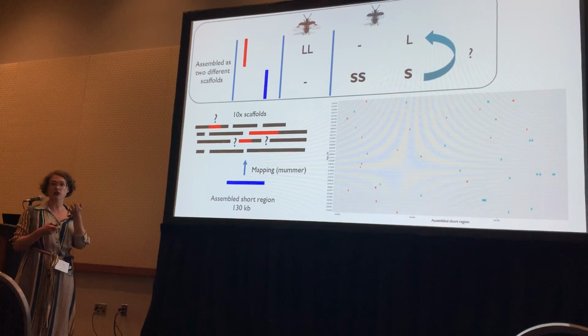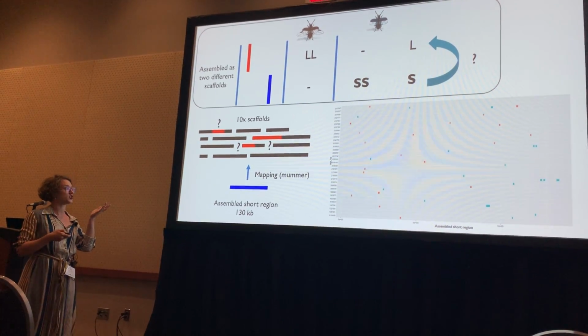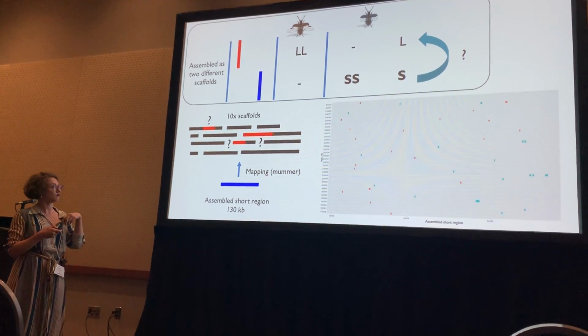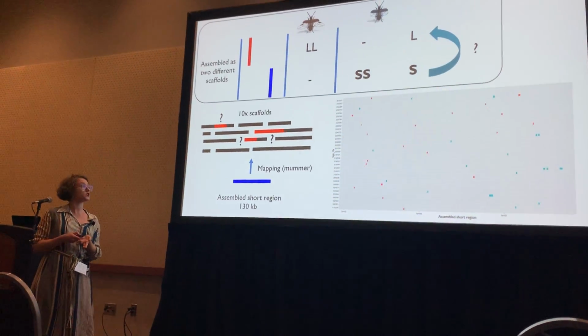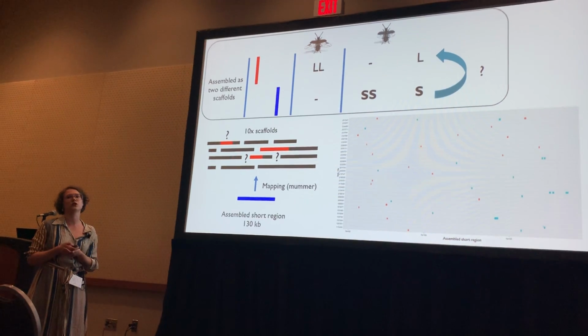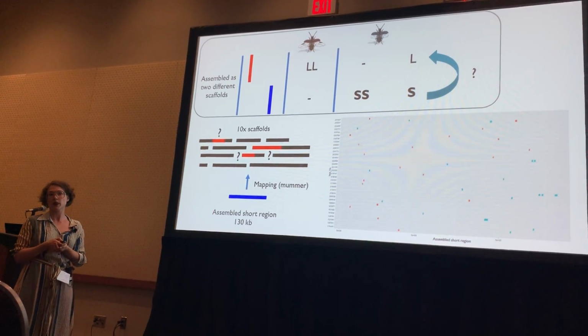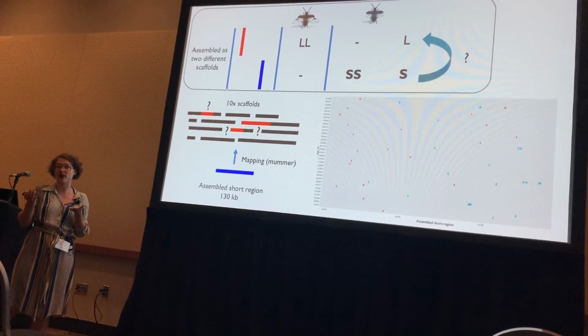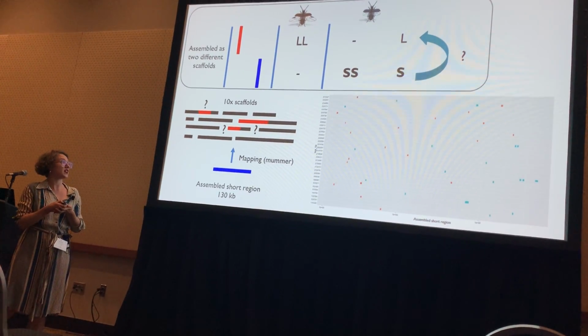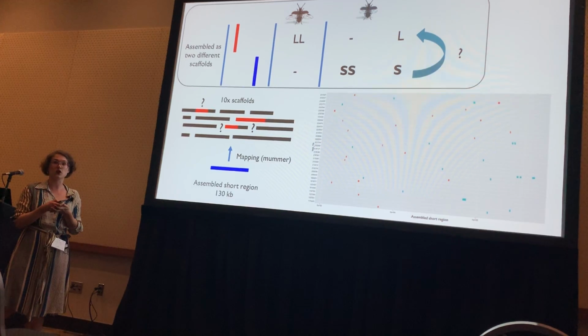So we don't find any region in the remains of the genome where the short region maps to. That shows that the short region is unique for the short individuals, which is quite surprising because the short morph is derived. So that makes us still wonder what's going on there.